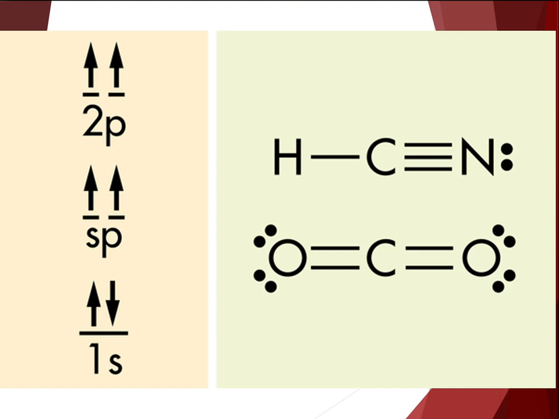And again, just to give a visual, in order to form a triple bond or 2 double bonds, a carbon atom needs to keep 2 electrons in p orbitals. The s and 1 of the p orbitals hybridize. And in this case, the carbon atoms in hydrogen cyanide, which is HCN on the screen here, or in carbon dioxide, CO2, use sp hybrid orbitals.